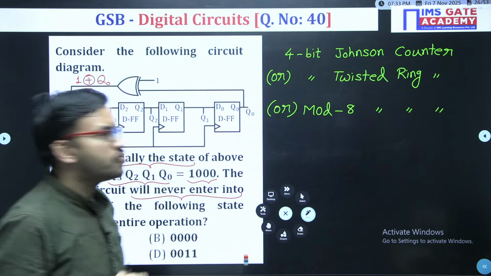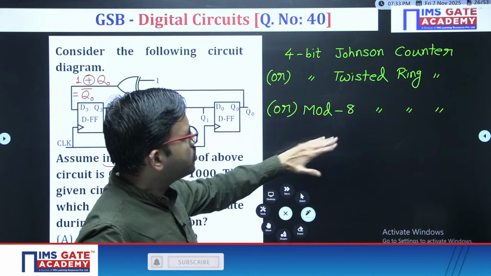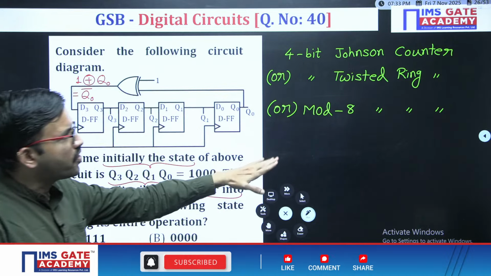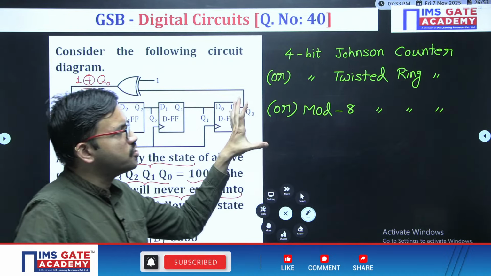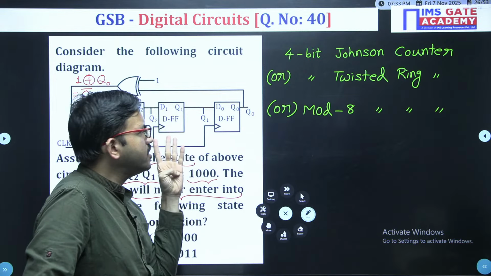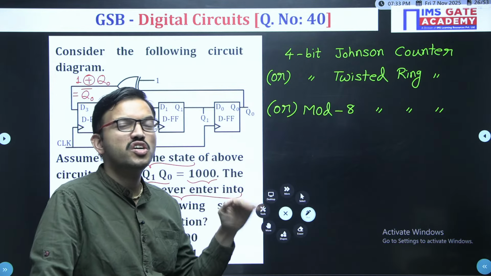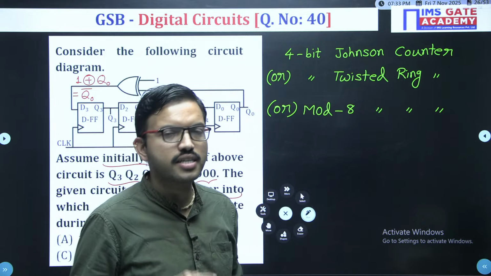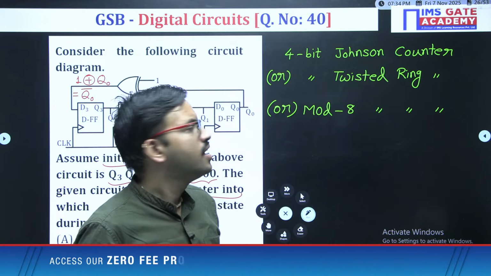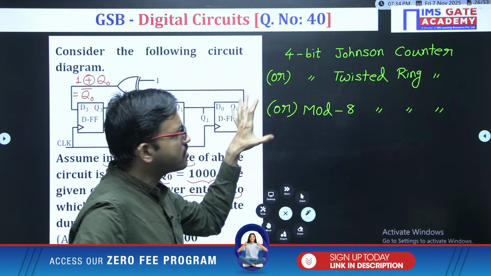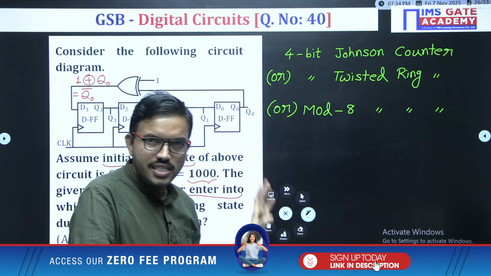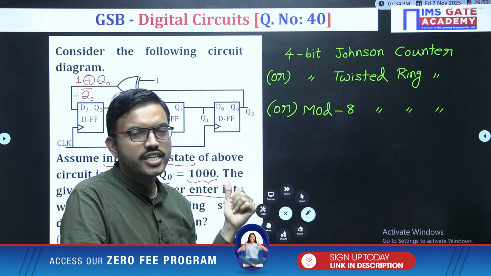So very simple. When you understand that it is a mod 8 Johnson counter, definitely it will produce 8 states. But in general, when you have 4 bits or 4 flip-flops, you have 16 possible combinations of zeros and ones, among which the circuit gives you 8 states. That means the remaining 8 states you are not at all getting.